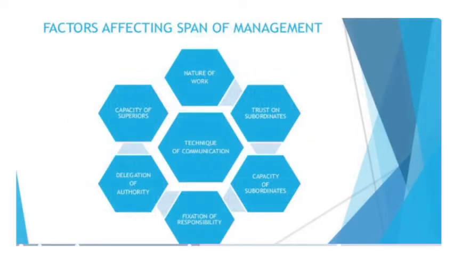Number one, nature of work. There are different types of work, and according to the work, subordinates are allotted, and according to that, control, responsibility and supervision are decided.